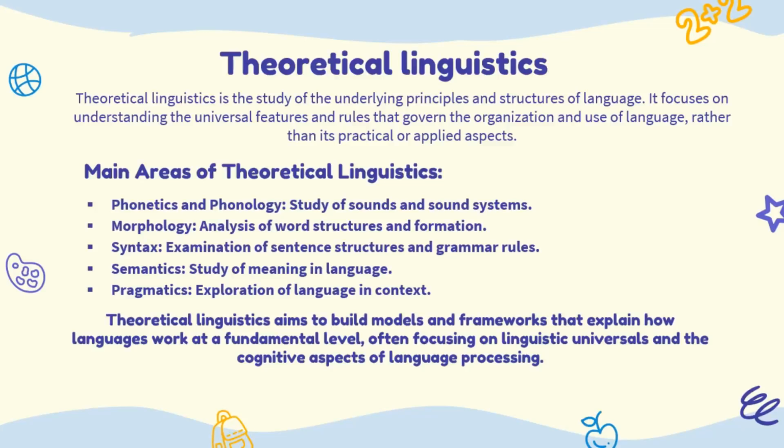Morphology. This area looks at how small parts of words, called morphemes, like prefixes or suffixes, combine to create full words. For instance, adding -ed to walk makes walked, showing past tense. Syntax.